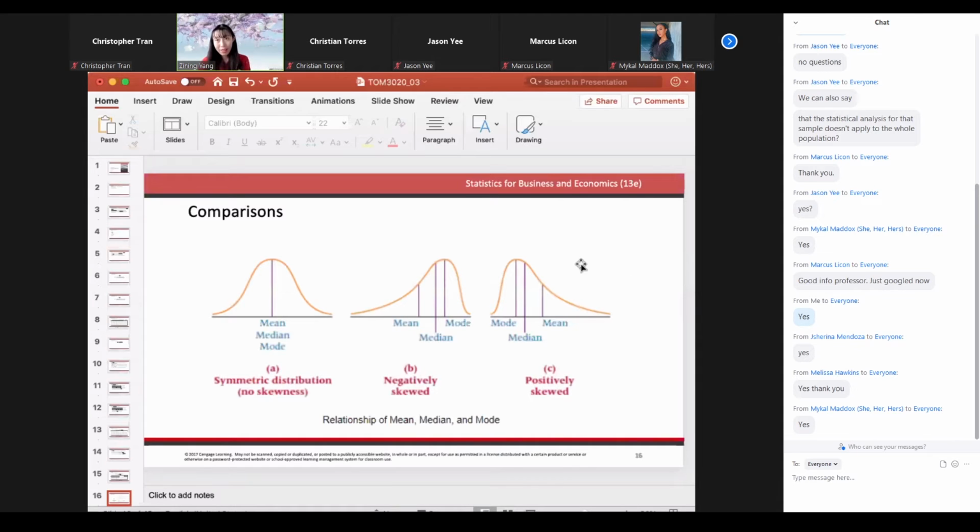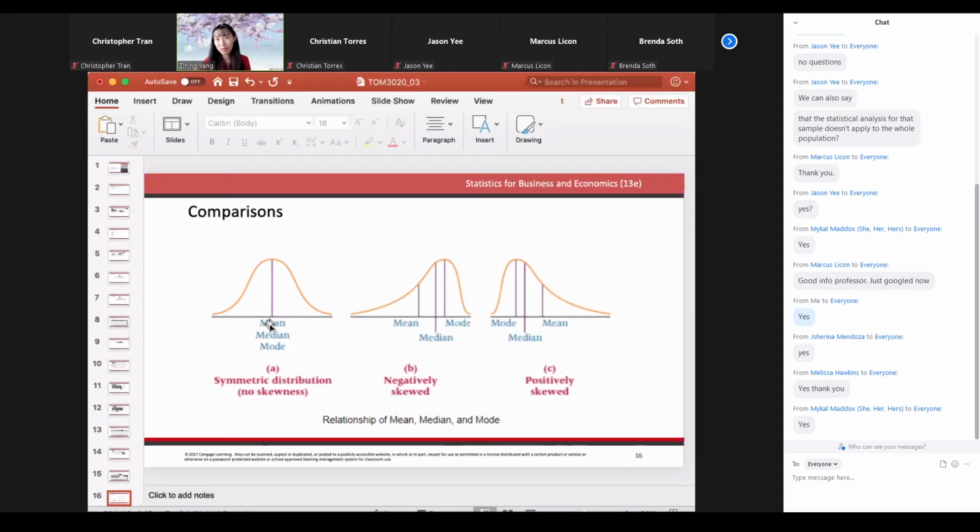So what are they? In an ideal world, we want to have the distribution on the left chart. It is a symmetric distribution. When it is symmetric, we have the mean, the median, and the mode all at the same value. You see this one purple line in the center, they overlap. Again, that happens in an ideal situation.